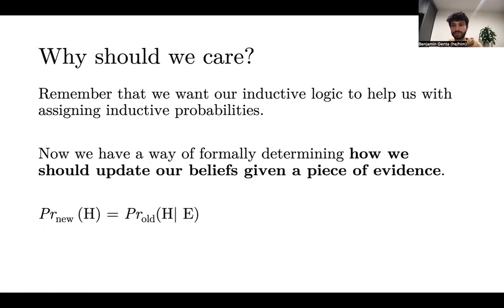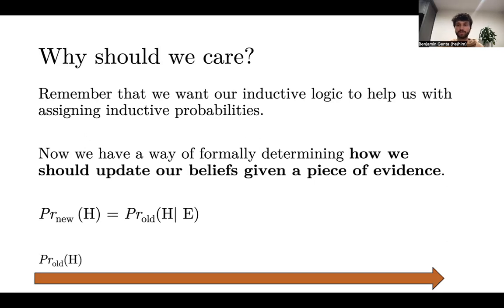Let's see this visually. It usually helps me, and we'll go through an example in a second. I start off at a particular time with a probability of a particular statement. Say my hypothesis is that it will rain tomorrow in Los Angeles, and I believe that with a 20% chance.